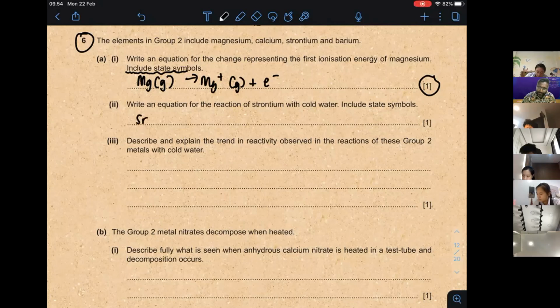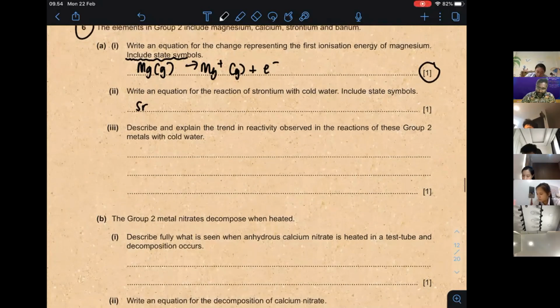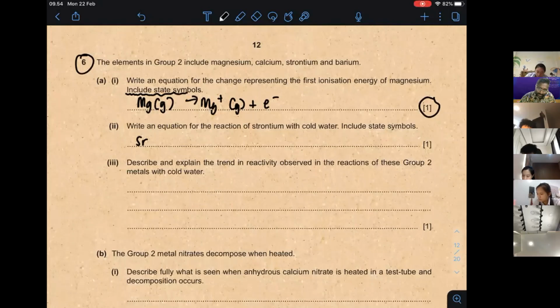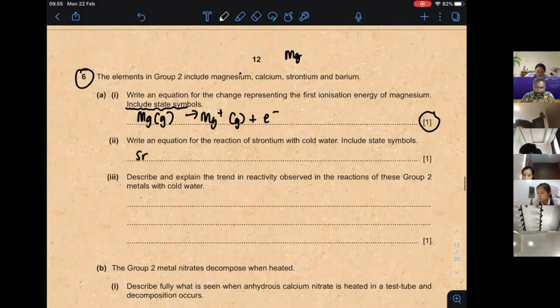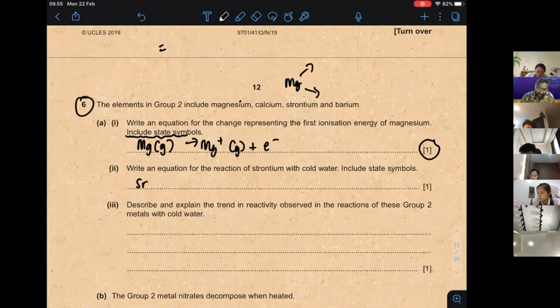If you are not sure, think of magnesium's reaction with water, where there are 2 possibilities, either MgO or Mg(OH)2. Please read on this, because the reaction is going to be different. One involves H2O and the other involves another H2O.